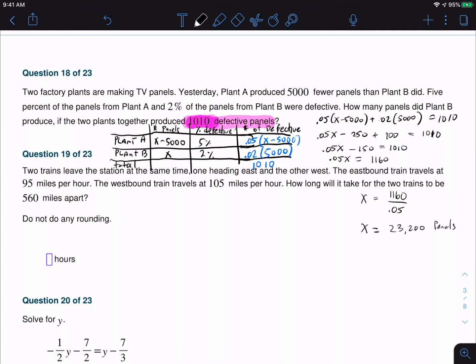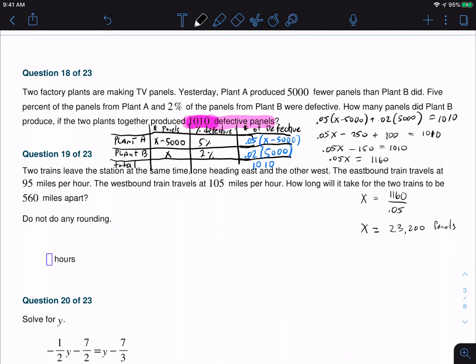Plant A produced, let's see, I just want to make sure where we messed up. So plant A produced 5,000 fewer panels, so that's x minus 5,000. 5% of the panels from plant A and 2% of the panels from plant B were defective. Okay.